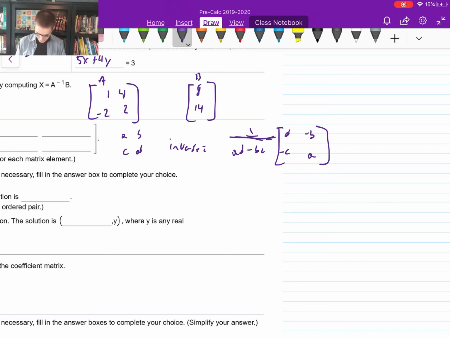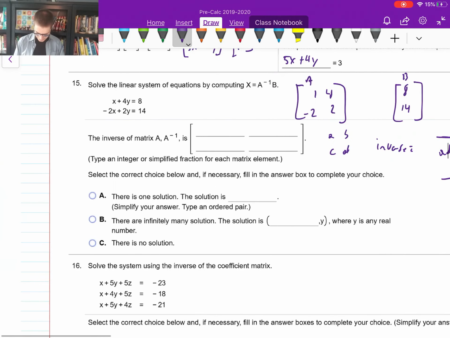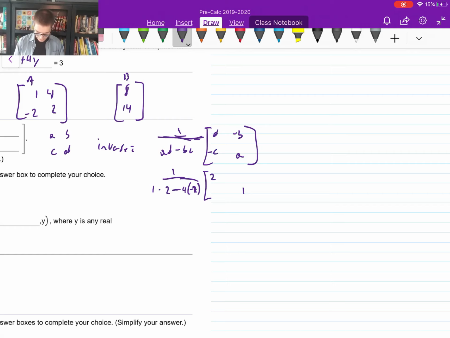We get 1 over, A times D would be 1 times 2, and then minus B times C, 4 times -2. And we're going to multiply that by 2, 1, -4, and 2, our values.